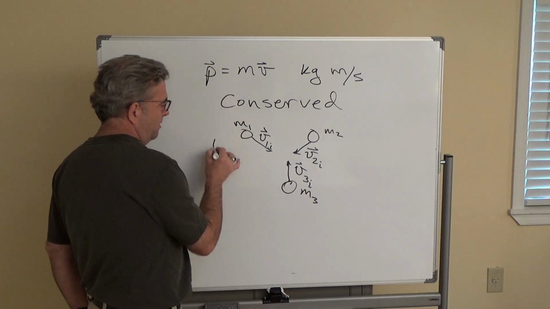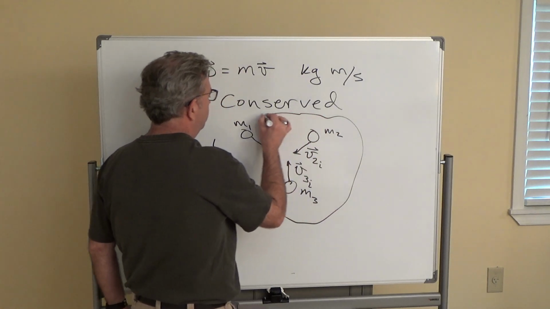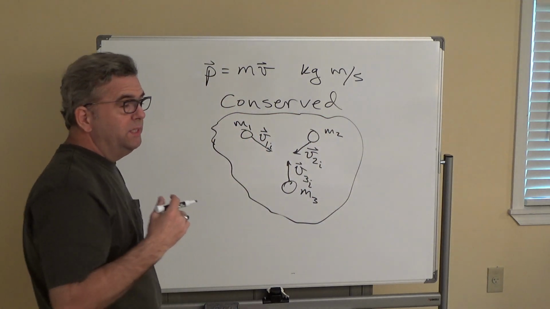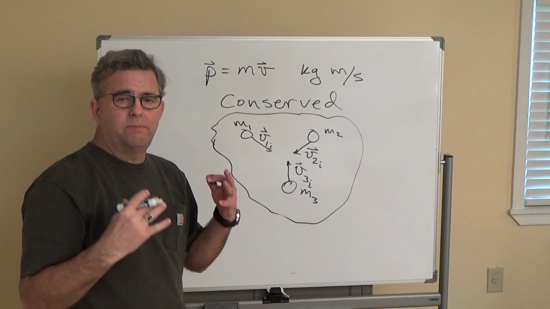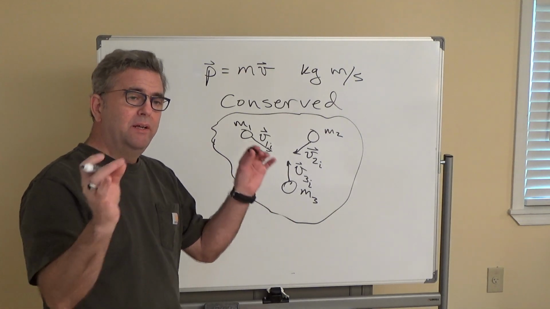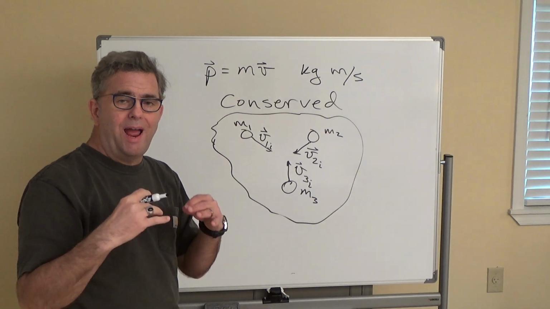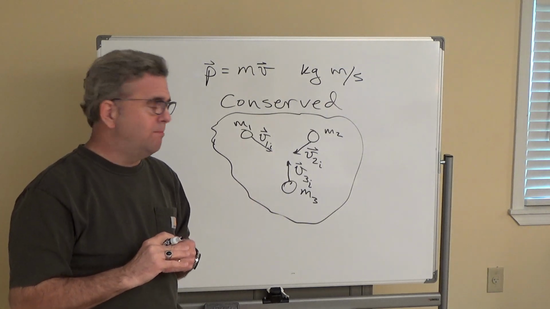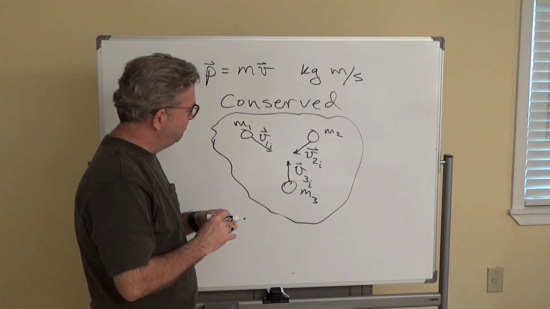And this is our system, all right? When we say that momentum is conserved, we have to think of the entire system, how the objects are interacting with whatever system that might be, okay?